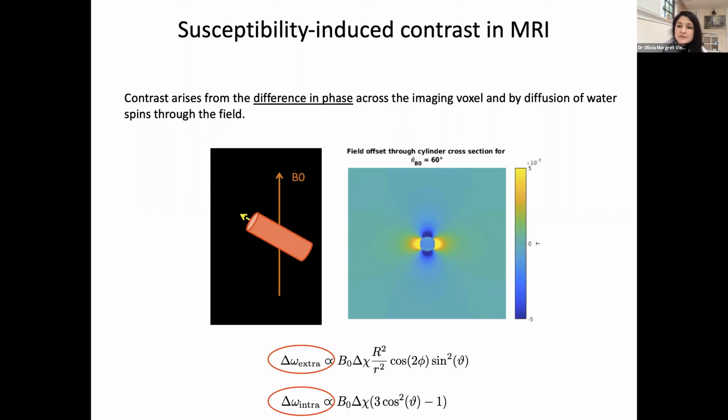So the field offset produces a gradient of precession frequencies that dephase the spins in the surrounding, and that is the signal loss we observe in fMRI when we sample a voxel that contains deoxygenated blood vessels. And there's an intra and an extravascular component. Both carry this orientation dependence, but of opposite sign. One goes with cosine squared and the other one with the sine squared.